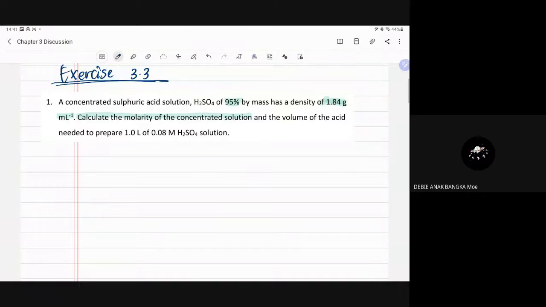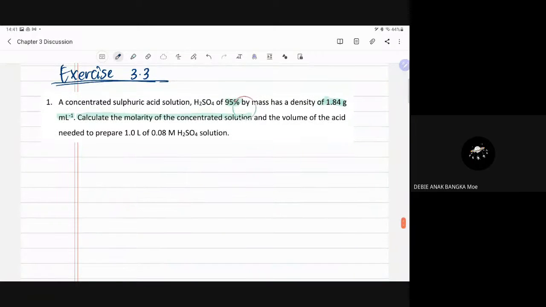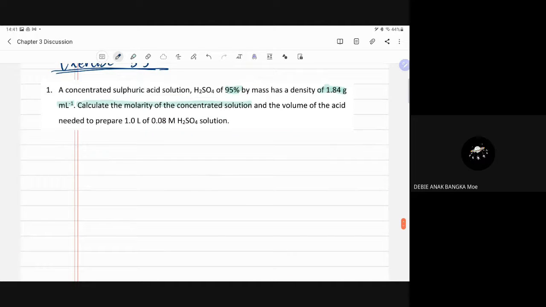If we have 1000 grams, it will have 950 grams. So the mass of H2SO4 is proportional. For anything proportional like that, we can make an assumption. Because, to make you understand better, let's say we take this, so this is 95% H2SO4.